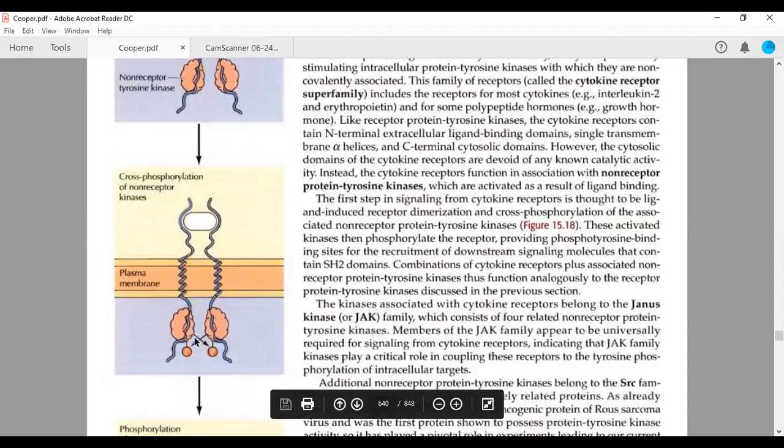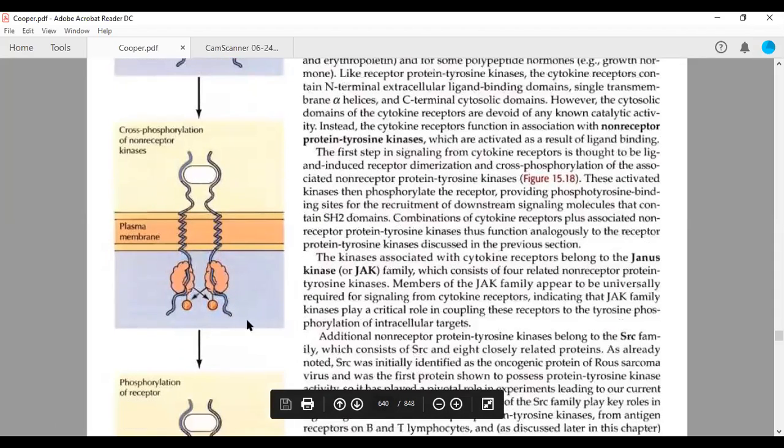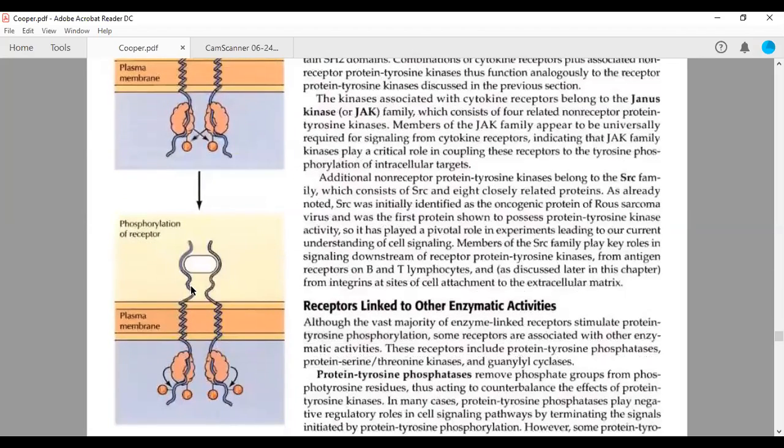In this case, the proteins interacting with these receptors lead to the phosphorylation of some tyrosines on the receptors, so that they can phosphorylate each other. They are also able to phosphorylate the C-terminal domain tyrosine residues. So here it has some tyrosine, and here it has some tyrosine.